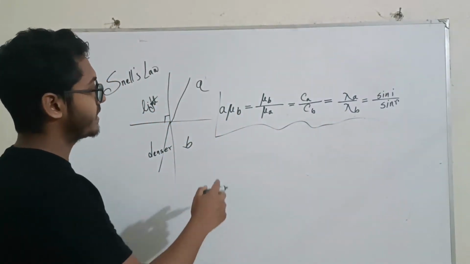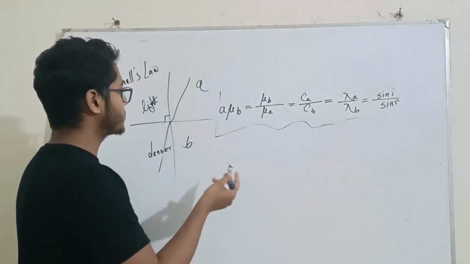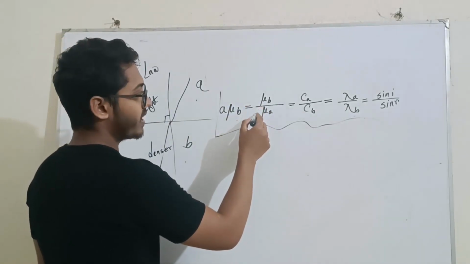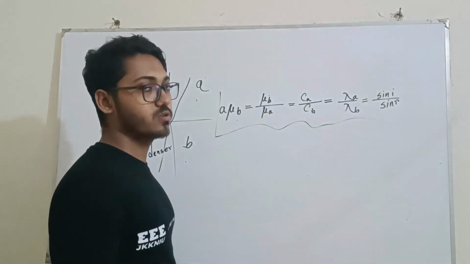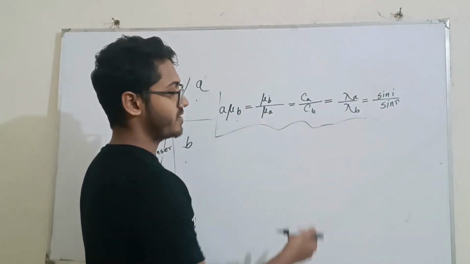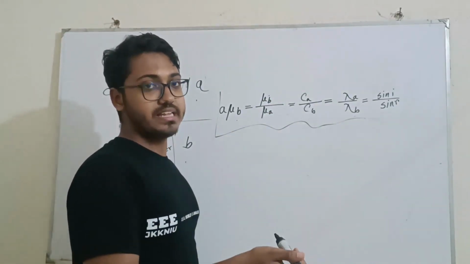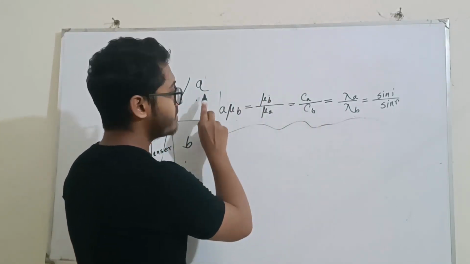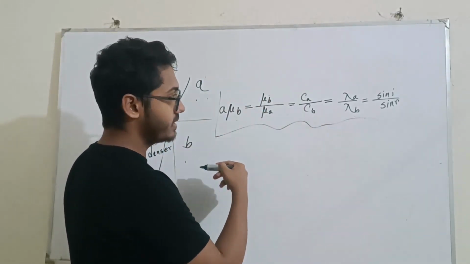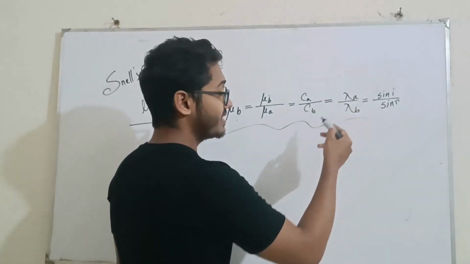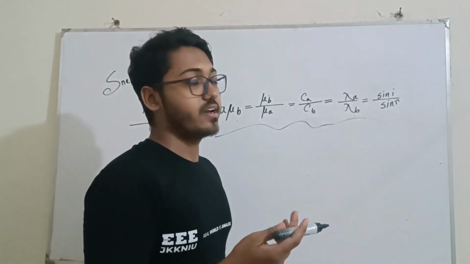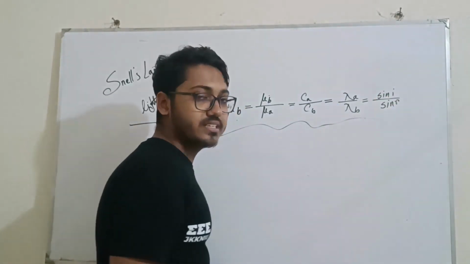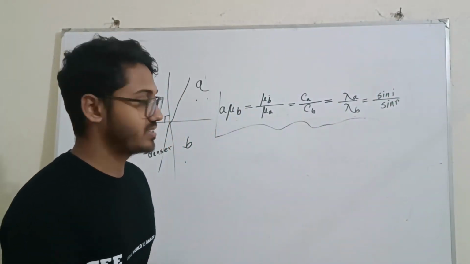From Snell's law we get, if a light enters into B medium from A medium, then the refractive index of B medium with respect to vacuum divided by the refractive index of A medium with respect to vacuum is equal to the speed of light in A medium by the speed of light in B medium, is equal to the wavelength of light in A medium divided by the wavelength of light in B medium, is equal to sine I divided by sine R. I means incident angle and R is refractive angle.